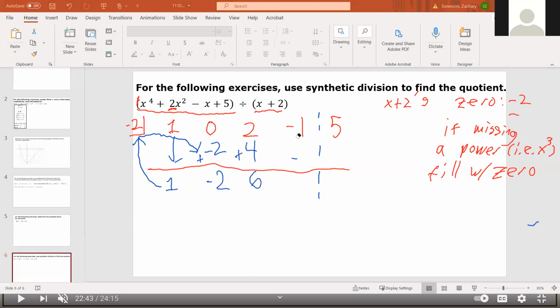Multiply by the thing in the box times -2. It's -12, add. Multiply by the thing in the box, gets me -26, +26, add. Everyone good with that?